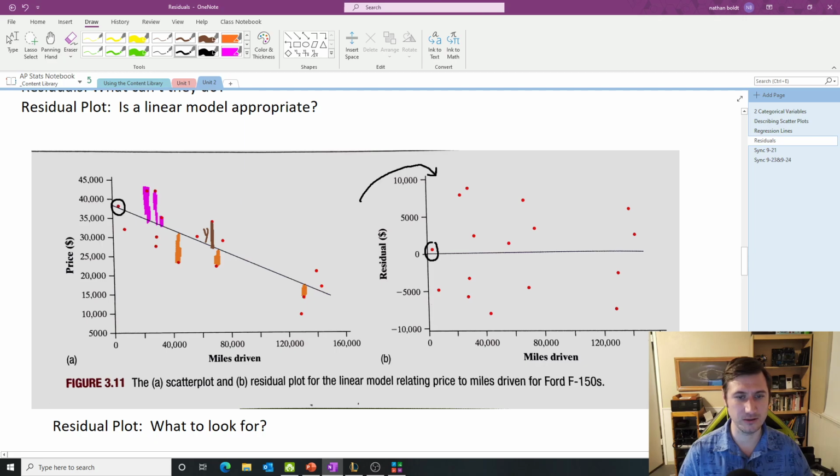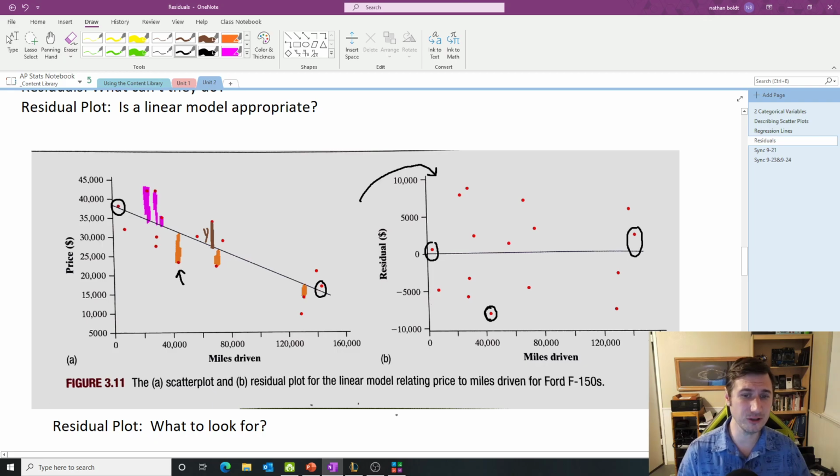The last one here is also pretty close to the regression line, so it's also a fairly small y value. If I see a value with a large residual, that means that point is far away from the regression line. It's probably this one right here. That one's pretty far away from the regression line.